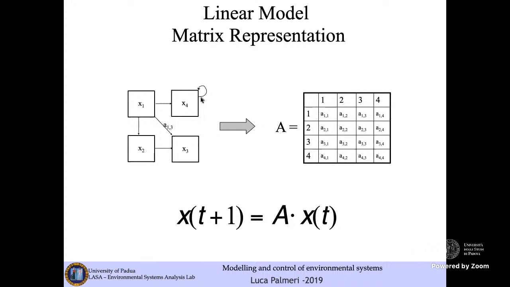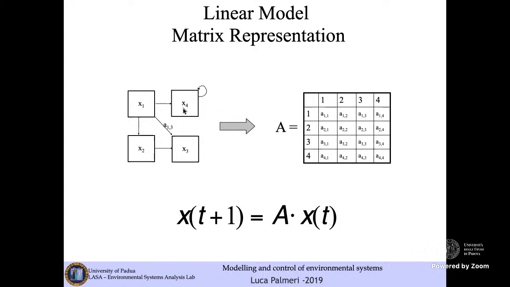So this is quite trivial. Please note that on the diagonal of the interaction matrix, which we will subsequently call the adjacency matrix, we have self-recycling.